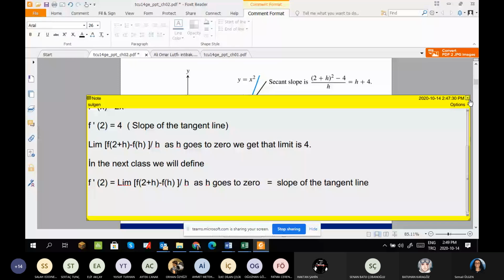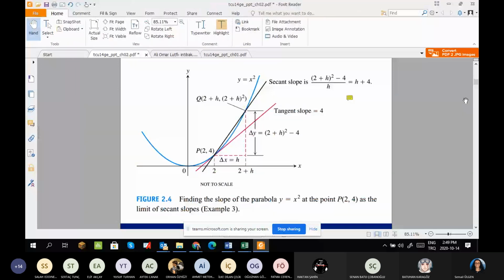Okay, I'm just telling you the whole picture ahead of time, so that you know why we are working on these things. So far we talked about secant line, don't forget about that. And then we talked about the average speed. Okay, remember the table we built.